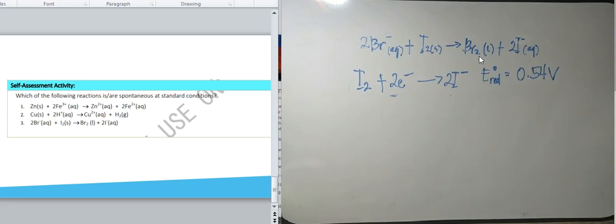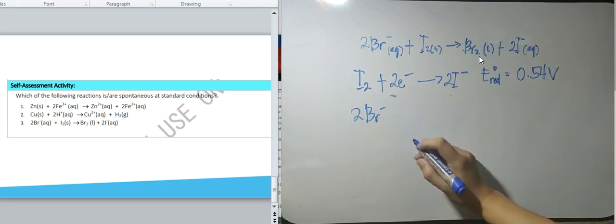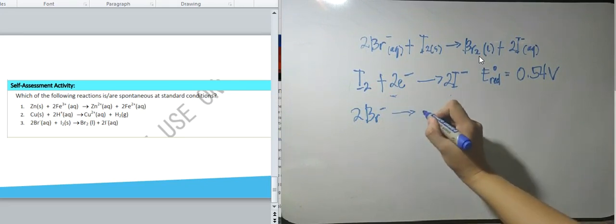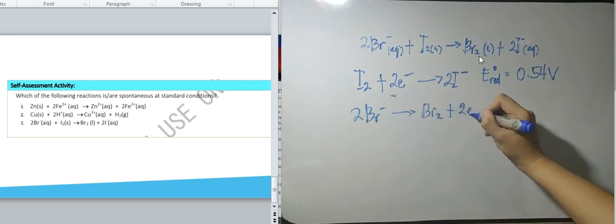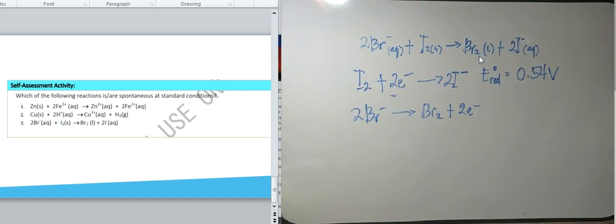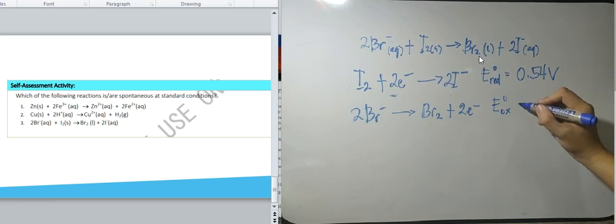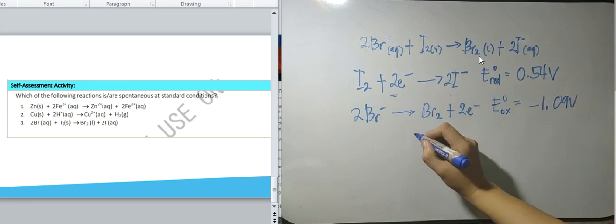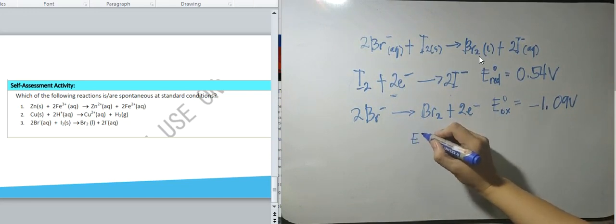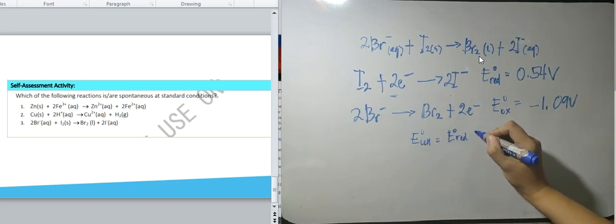Okay. And the other half reaction, we have 2Br negative yielding Br2 plus 2 electrons. So we have an oxidation reaction. Therefore we have our standard oxidation potential, negative 1.09 volts. So we have our cell potential or standard voltage: E red plus E ox.